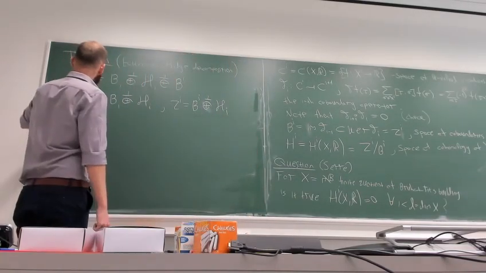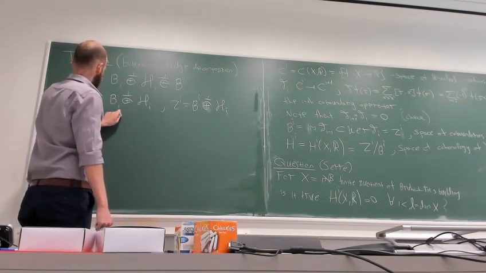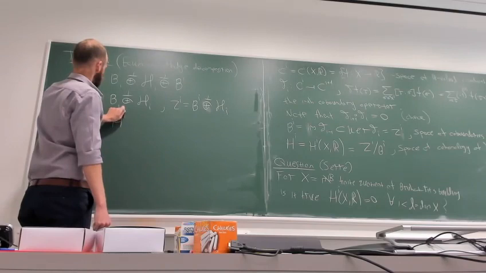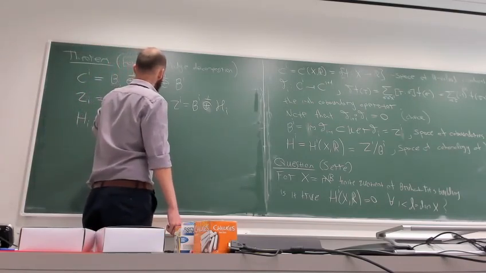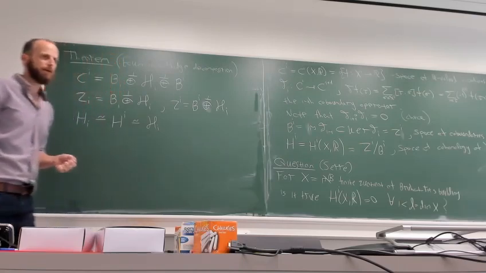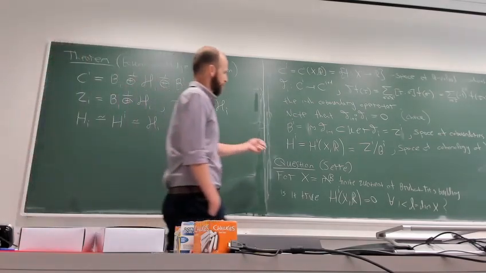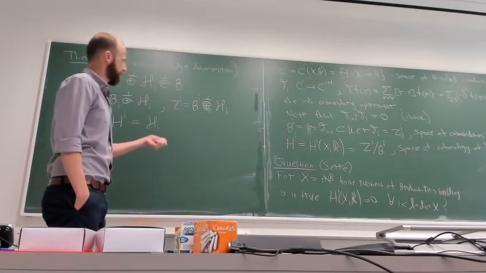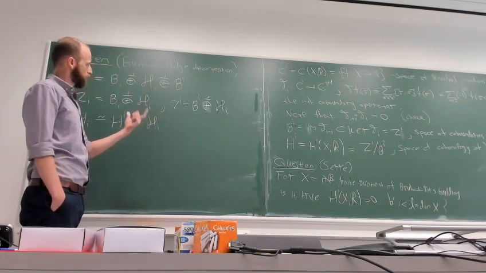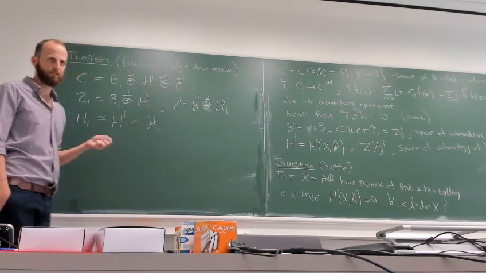Which in particular tells us that the cohomology space is isomorphic to the homology space, which is isomorphic to the space of harmonics, and therefore, if you want to answer Serre's question, what you really need to do is you basically are reduced to showing that there are no harmonics, that the kernel of the Laplacian is trivial.